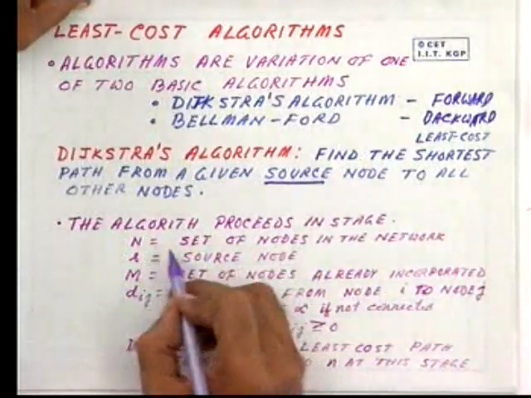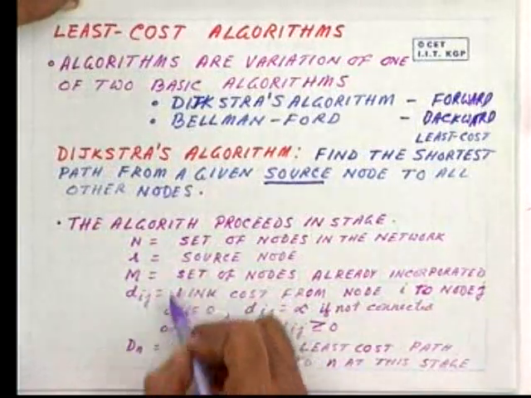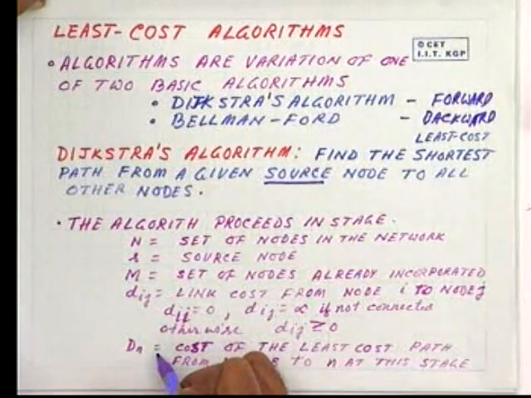In a particular stage, say stage K, it will incorporate all the nodes which are away from the source node by K. In the next iteration, it will add another node into the list, and in this way it will proceed. Let me give you the details of the algorithm quickly.